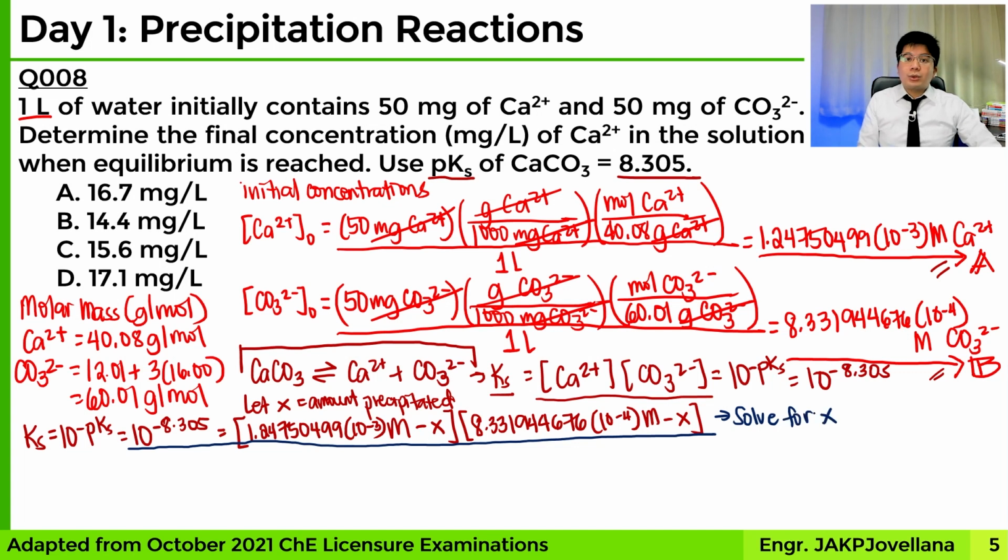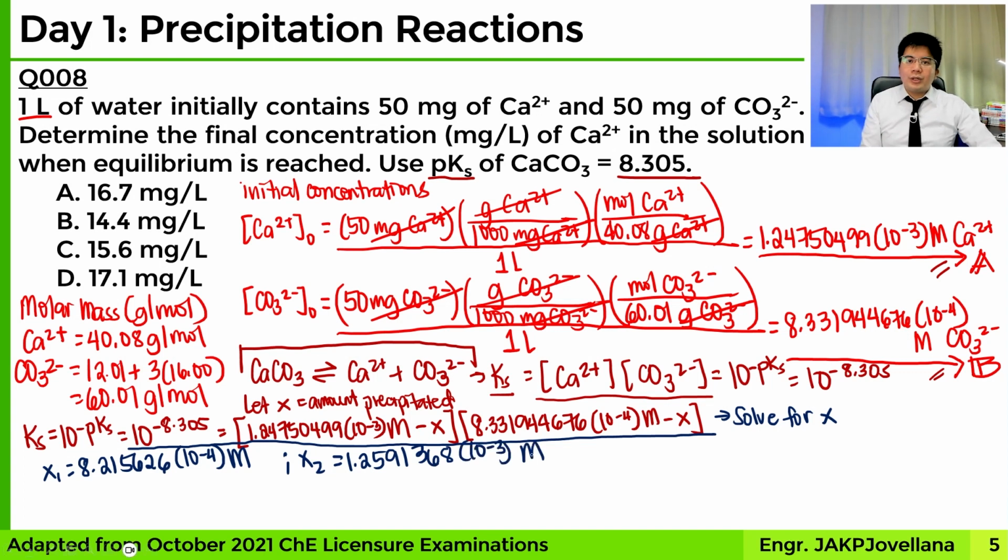We can solve for two roots using our calculator. The first root is x1 equals 8.21 times 10 to the minus 4 molars, while the second root, x2, is equal to 1.25 times 10 to the minus 3 molars.